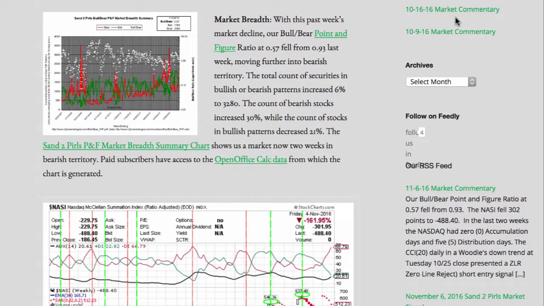The total count of securities in bullish or bearish patterns increased 6% to 3,280. The count of bearish stocks increased 30%, while the count of stocks in bullish patterns decreased 21%. The Pirls PNF Market Breadth Summary Chart shows us a market now 2 weeks in bearish territory.